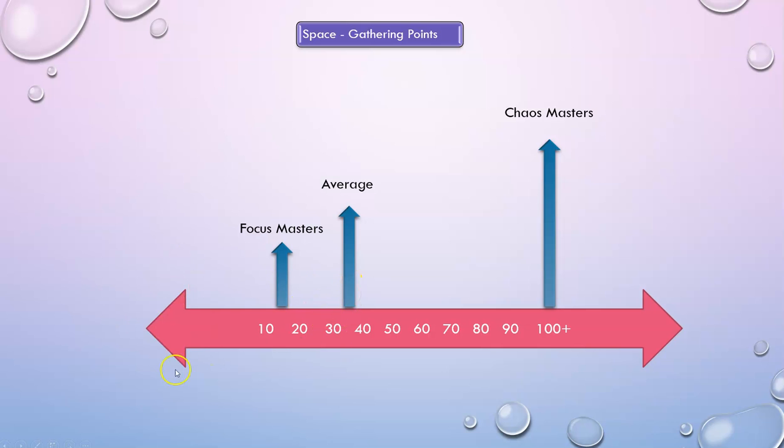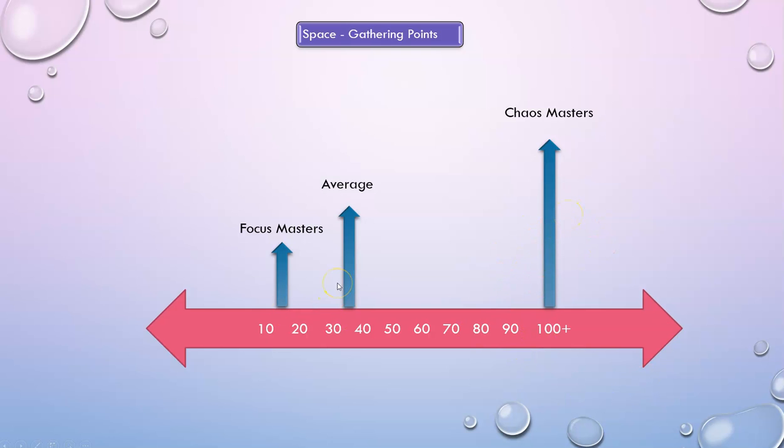Normally the people who do this evaluation have an average score between 30 and 40. A few people always fall into 100 plus. They are the chaos masters, and we will explain more about your scoring.